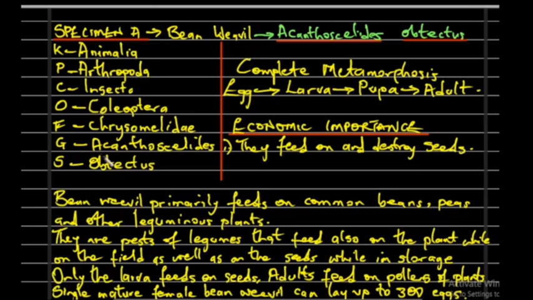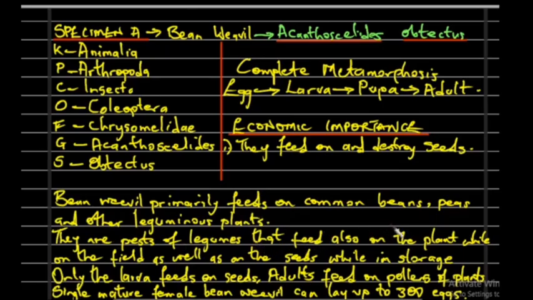From the genus and the species, we have the scientific name of this organism to be Acanthoscelides obtectus. The bean weevil feeds primarily on the common bean, though it also feeds on peas and other leguminous plants. These organisms are pests of legumes.